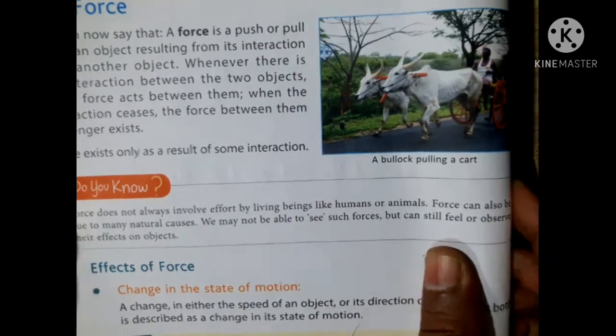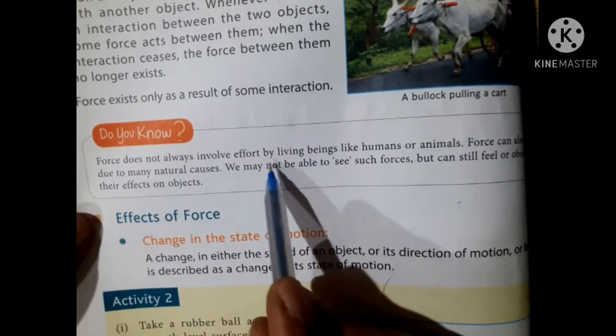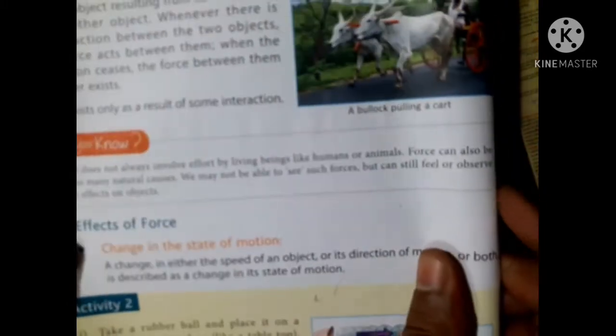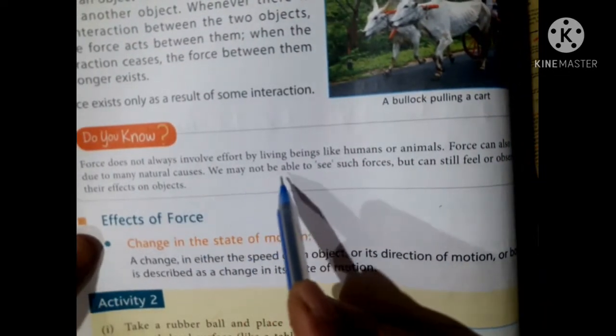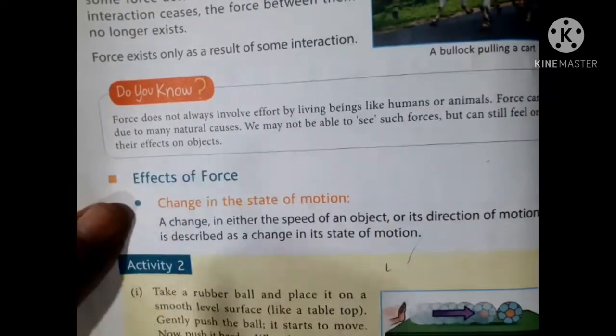Force does not always involve effort by living beings like humans or animals. Force can also be due to many natural causes. We may not be able to see such forces, but can still feel or observe their effects on objects.